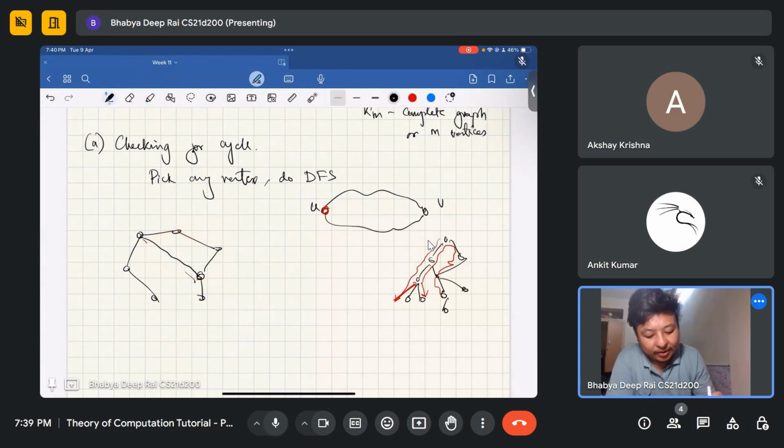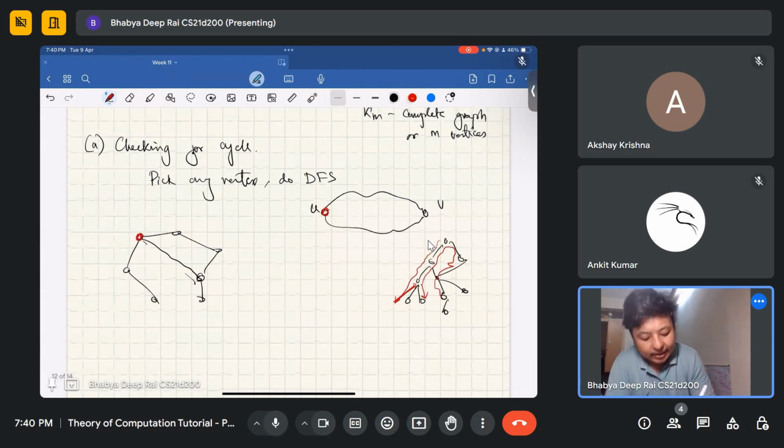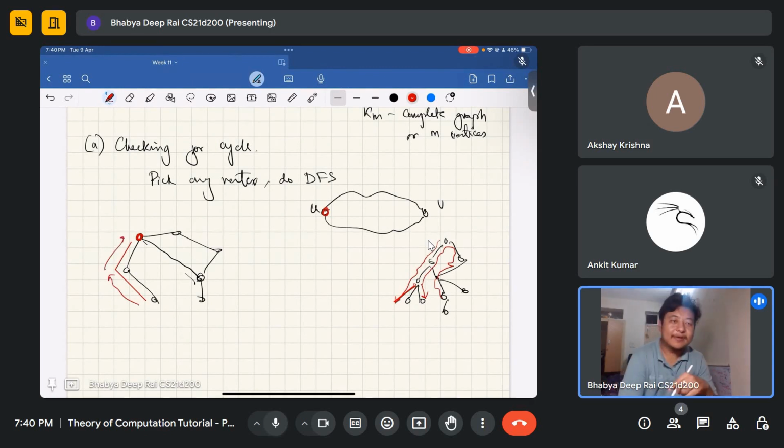What I do is I pick a vertex and start doing a DFS. I go down the road, and then I start to backtrack. I come back to whatever I came from. So on backtracking, I don't consider it a cycle. And again, I'll take this path, go here and backtrack.